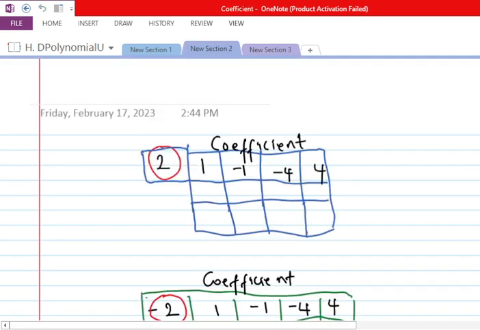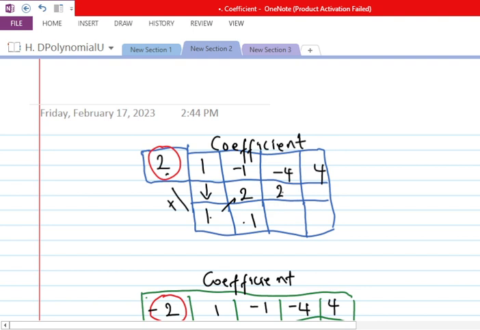We're going to start with 2. First, bring down your 1. The next step is 2 times 1, which is 2. So minus 1 plus 2 is 1, right? Next, again, 2 times 1 is 2.